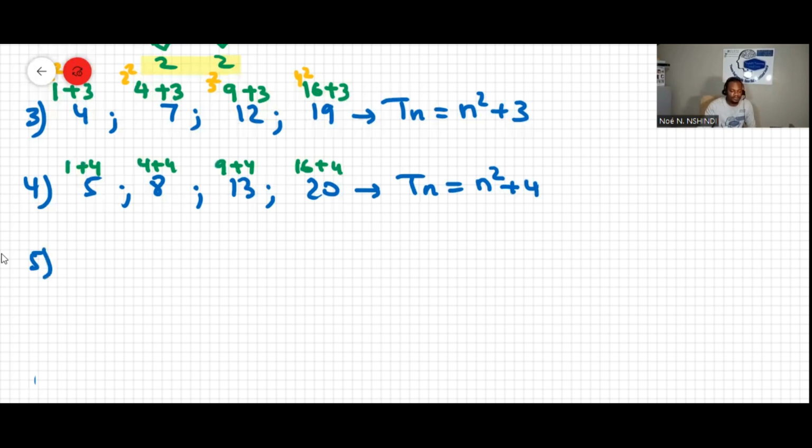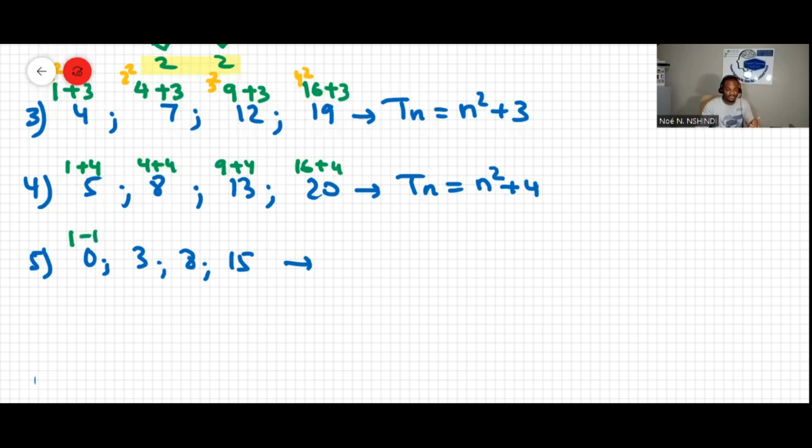Okay, now question 5. We have 0, 3, 8, and then 15. Again, over here, we have 0. The first square number, we know it's 1, but there it's 0. To get 0 is when we have 1 minus 1, isn't it?